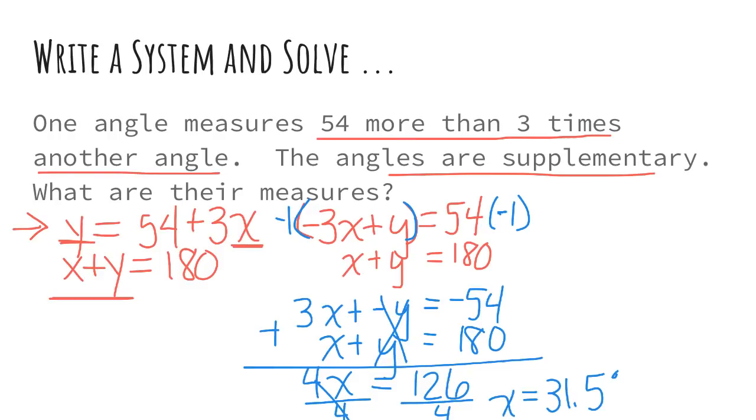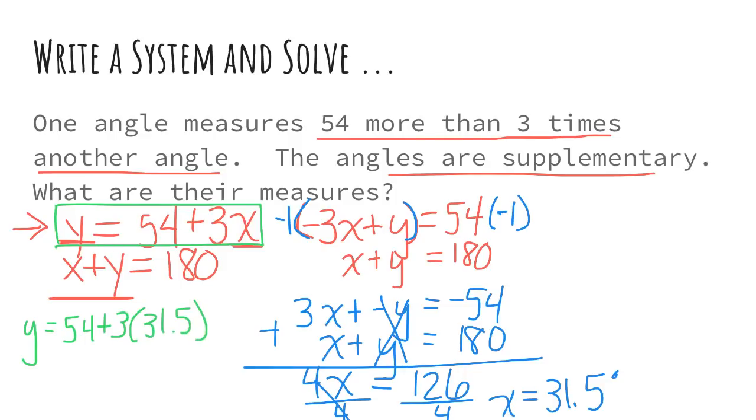So I can simply plug that in any equation I want. I'm going to take this original one right here. Y is 54 plus 3 times my X. And so if I do that, I didn't figure out what 3 times.